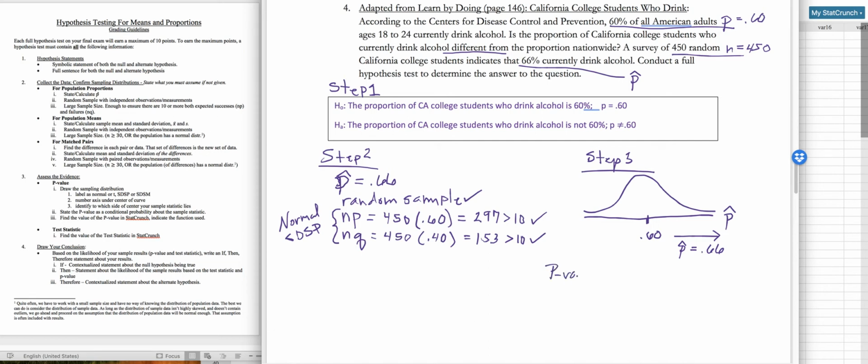Okay, our p-value is the probability that p-hat is either equal to the 0.66 that we have, or something more extreme. Where's more extreme? Well, that is greater in this case, under the condition that p equals 0.6, like H0 says it is.